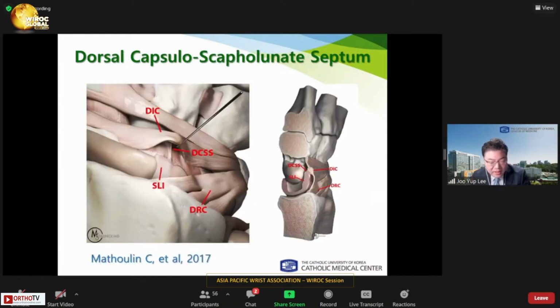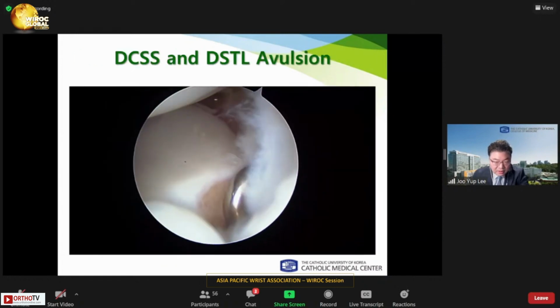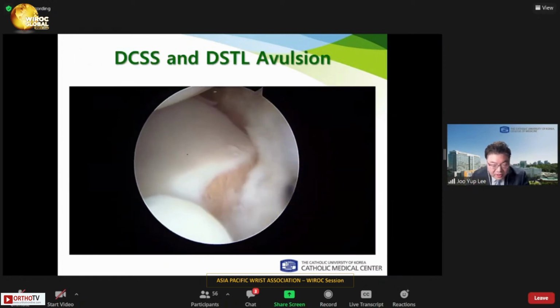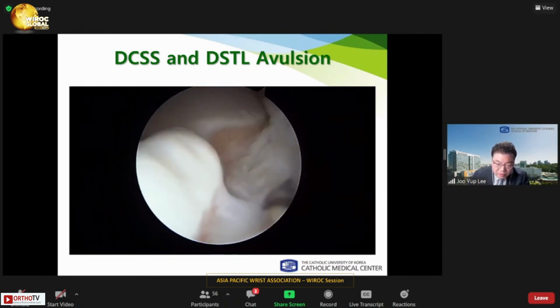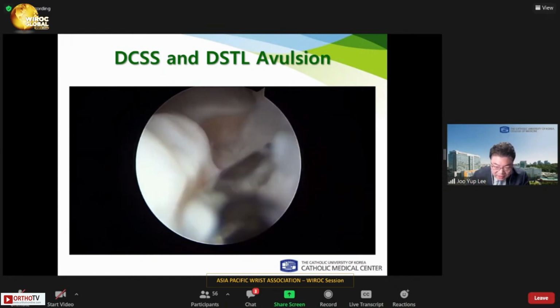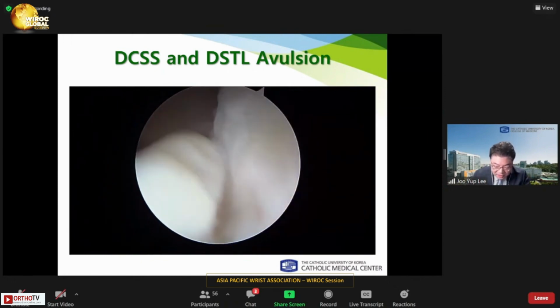As Dr. Mathoulin described about the dorsal capsular ligamentous repair technique, the DCSS plays an important role to connect the DIC and the scapholunate interosseous ligament. However, I found several cases who had avulsed dorsal scaphotriquetral ligament from the triquetrum, but a relatively intact DCSS, as you can see in this video.